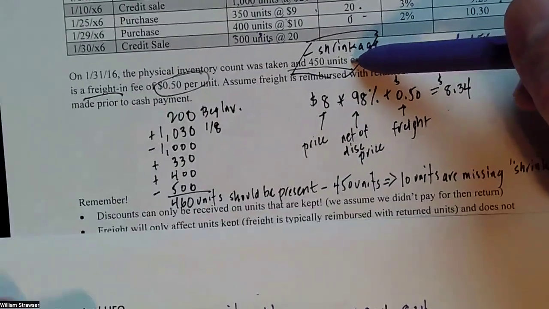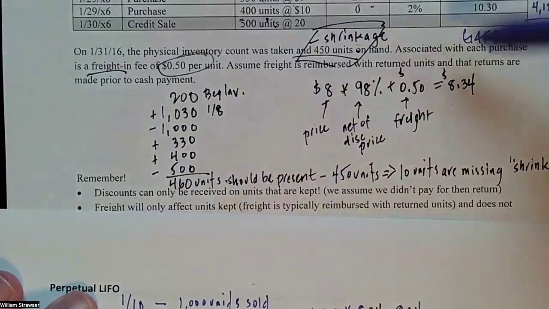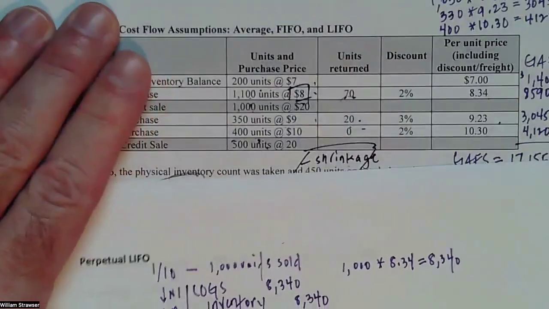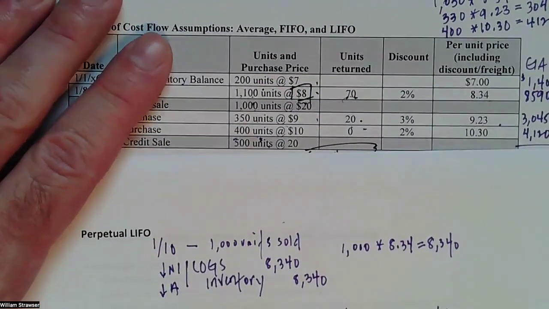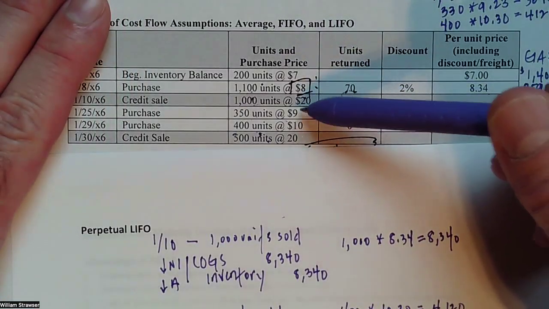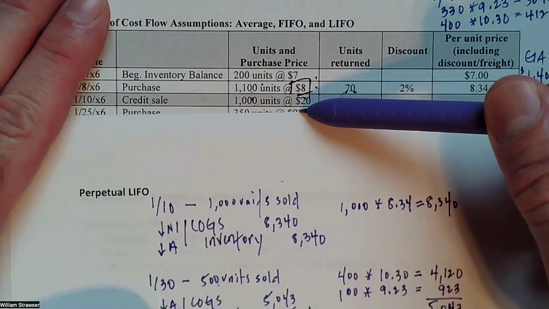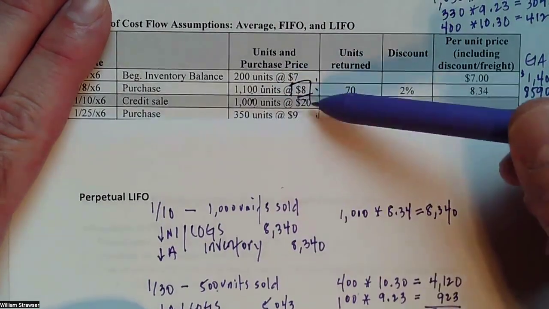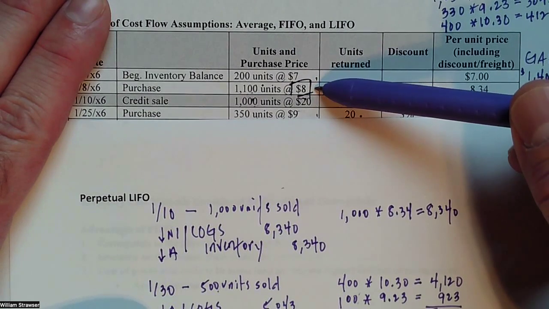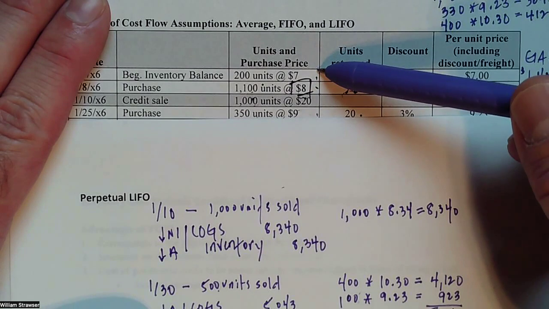We've counted 450, we should have 460. So 10 units are missing. What cost do I want to ascribe to those 10 units? Well, what's available? We still have units available here. We only sold off 100 of them. We have units available for here. We sold all but 30 of those, and we still have all 200 here.